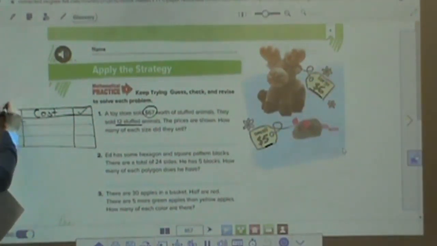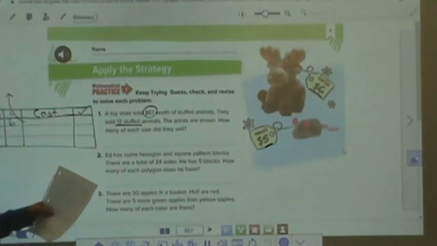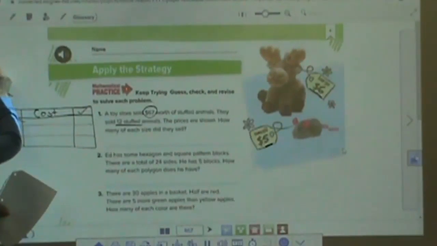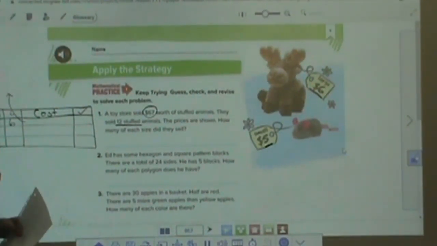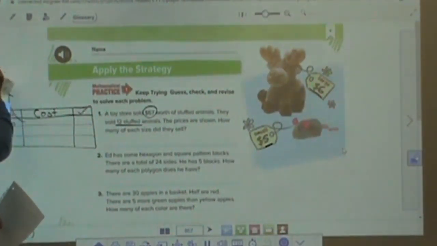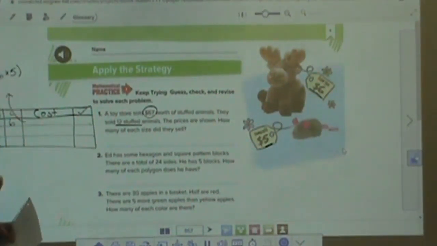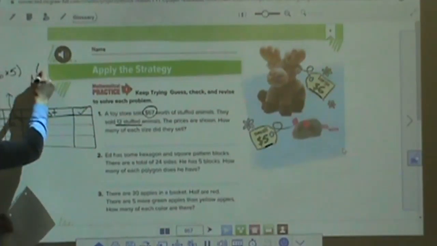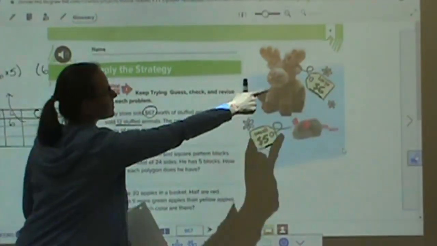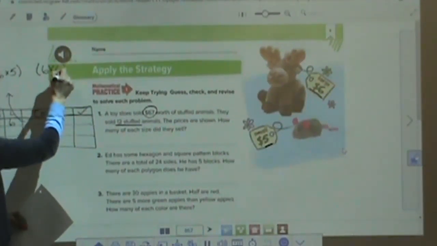I'm going to go ahead and do this up here just so you can see it larger, but it's going to be another combination of parentheses with multiplication. We have our small stuffed animals, 6 of them. They are $5 each. So we're going to do 6 stuffed animals times our $5. And then we're going to do our 6 stuffed animals times $6 for the large ones.